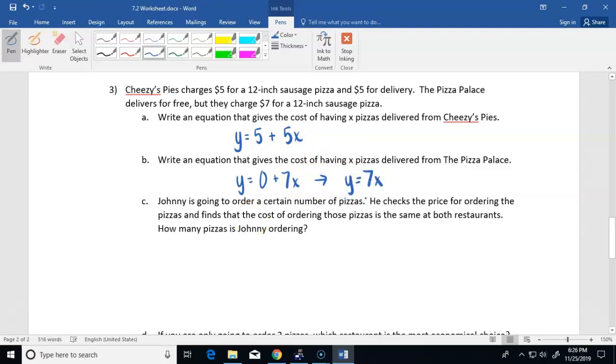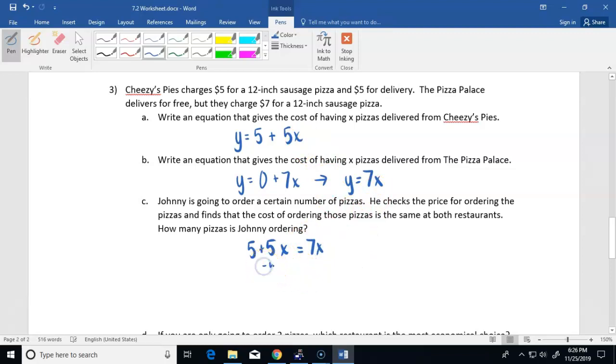Okay. C says Johnny is going to order a certain number of pizzas. He checks the price for ordering the pizzas and finds that the cost of ordering those pizzas is the same at both restaurants. How many pizzas is Johnny ordering? So for this, we'd say 5 plus 5x, that's how much it costs to order from Cheesy's, has to equal 7x.